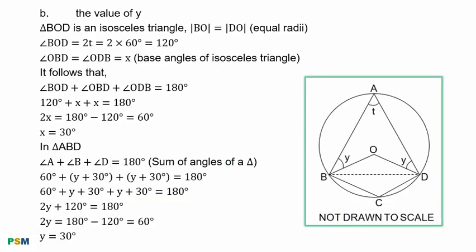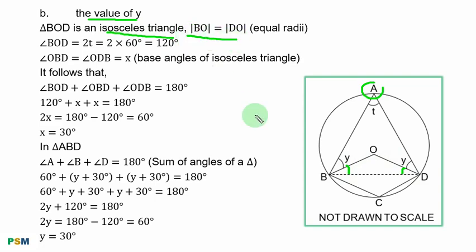B part of the question, we are to find the value of y. To do that, we have to consider triangle ABD. In that triangle, this angle is needed, this angle is needed. And again, we have to consider triangle BOD, which is isosceles triangle because the radii are equal.